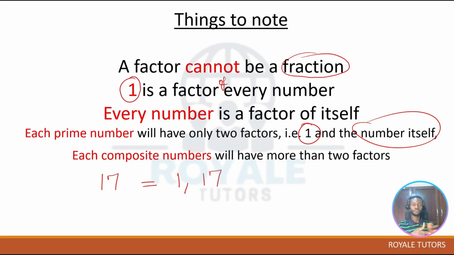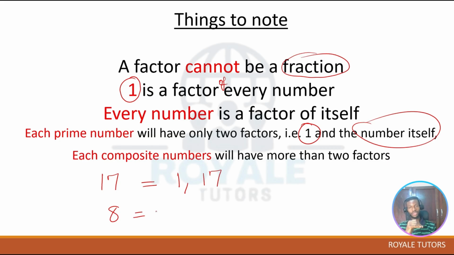Then the other group of numbers, we have composite numbers. Composite numbers have more than two factors. For example, an example of a composite number is 8. 8 has more than two factors.